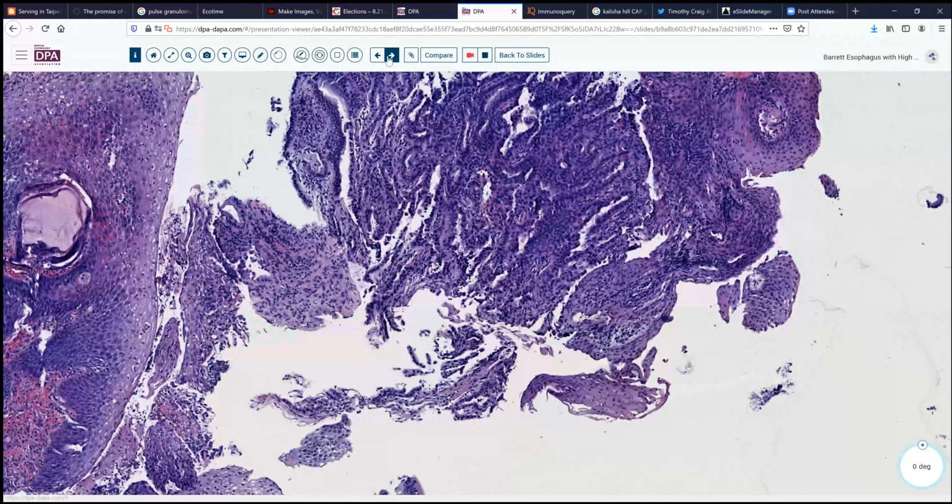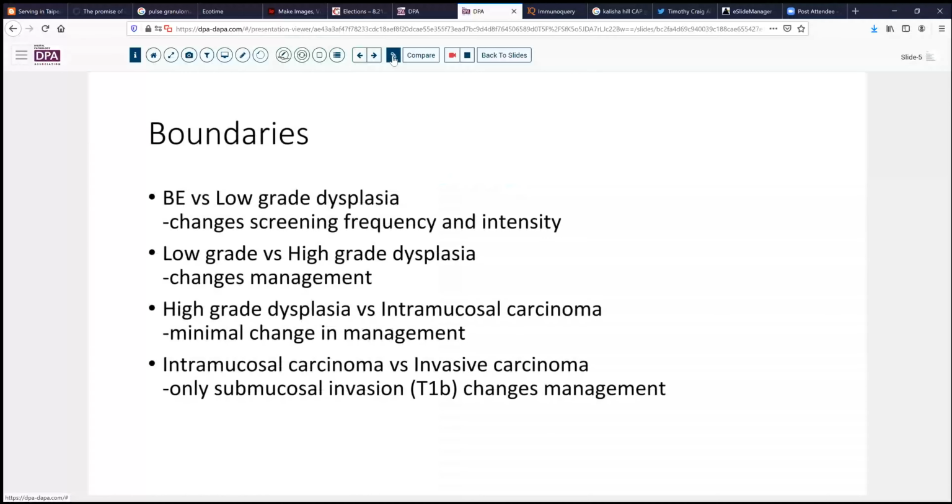So this sort of illustrates, I think, the key criteria and also the key boundaries that we need to attend to in pathology. So the first is the boundary between Barrett's esophagus and low-grade dysplasia. This is an important boundary to define and to be consistent with, and to seek for consensus with one's colleagues, because this changes the management.